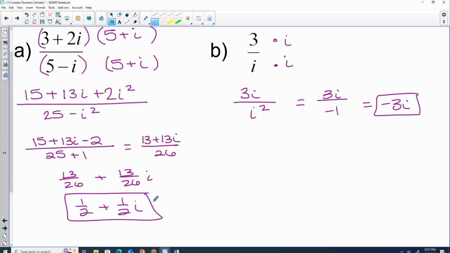So if it tells you standard form, break apart that fraction. Is that one okay?